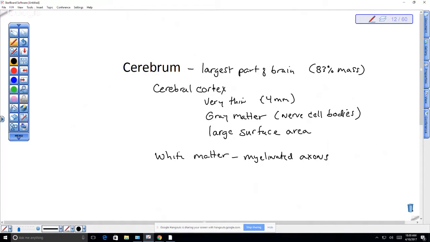And we have a particular group of myelinated axons that connects the right and the left cerebral hemispheres. Does anybody know what structure connects the right and the left cerebral hemispheres? I can't remember. Okay, it is called the corpus callosum.